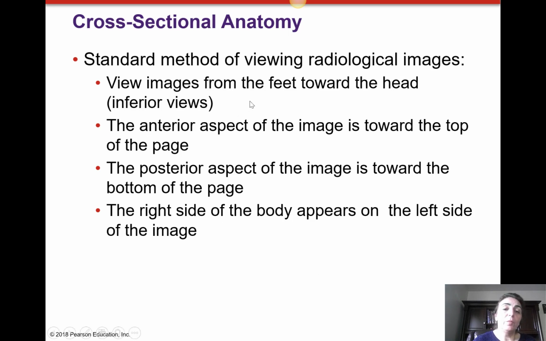We view images from the feet toward the head, from the inferior view. So you have cut a cross section, you have cut a part of the body out, imaginary. Like when you get a CAT scan, you divide parts of the body into small sections. You can follow them better to see every single detail. Instead of having a big lump here, you divide it into 10 parts, right?